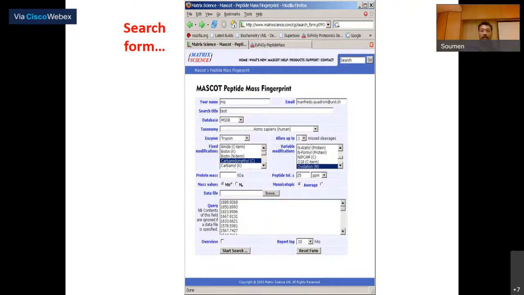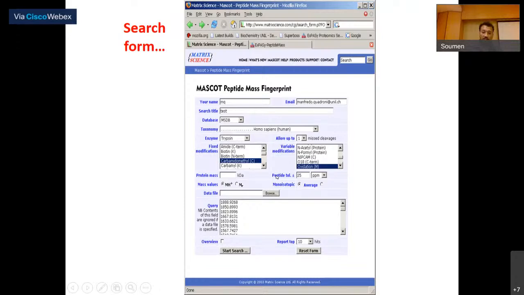On the other hand, there can be variable modifications that may occur because of post-translational modification like N-acetylation or oxidation of methionine and stuff like that. So you can define those post-translational modifications.